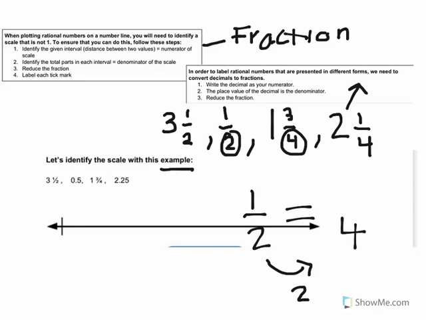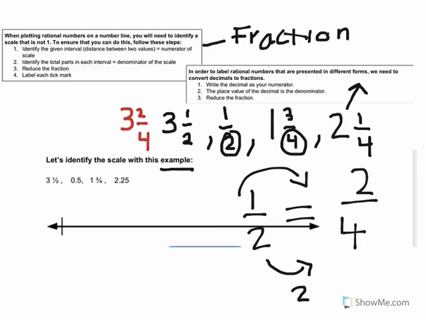And I know that anything that I multiply the denominator by, I also have to multiply the numerator by, so then I can have 1 times 2, so my numerator is 2. So now I know that 1/2 and 2/4 are the same thing. So I can actually call my rational number up here, I can call it 3 and 2/4.